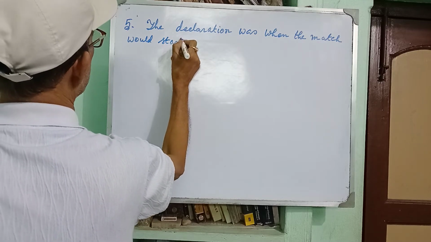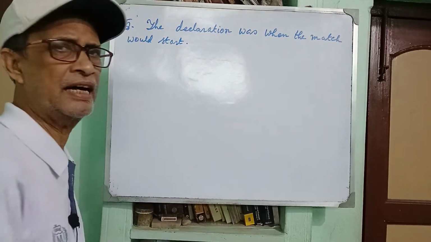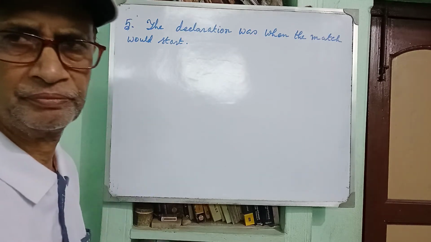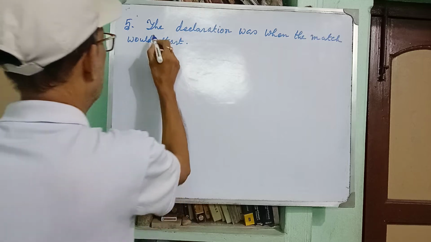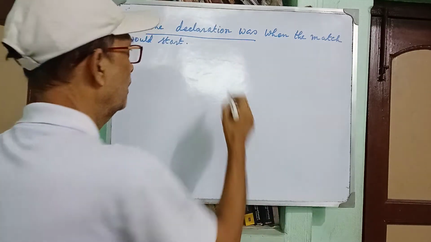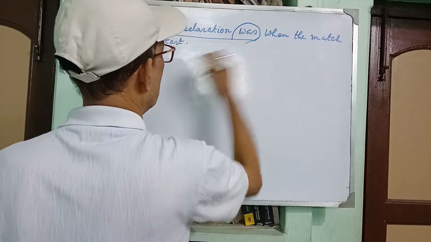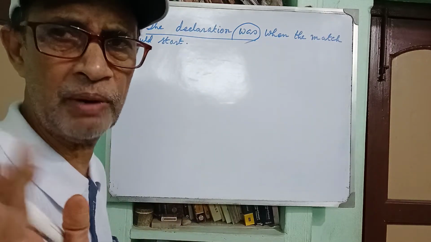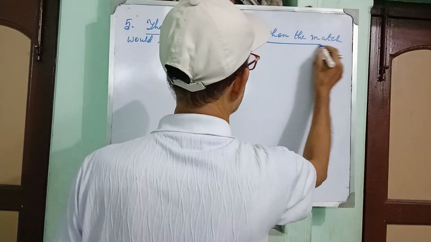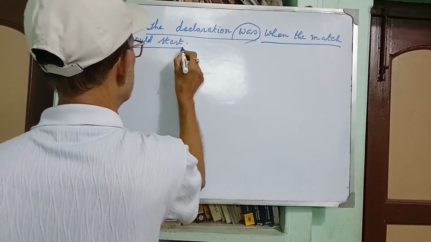You see that complement to the verb may begin with when too. The declaration was principal clause. You see that the principal clause ends with was. When the match would start, it was the declaration.